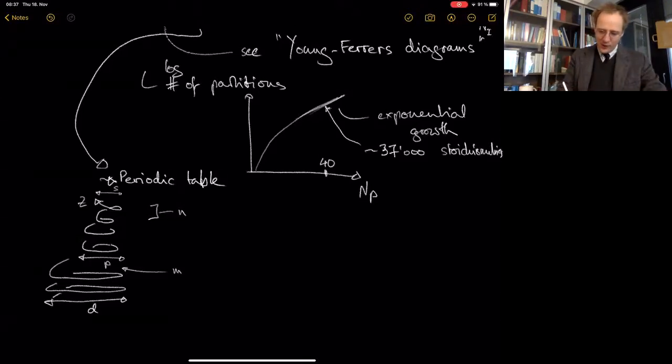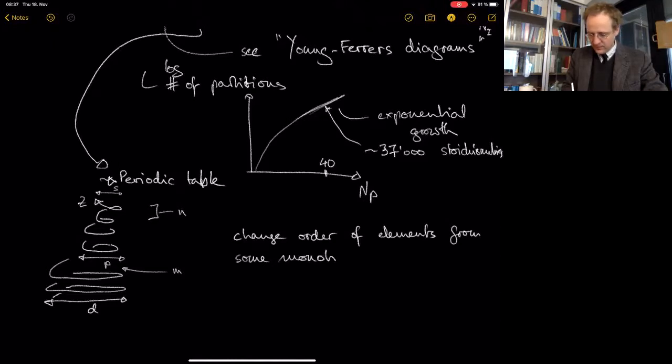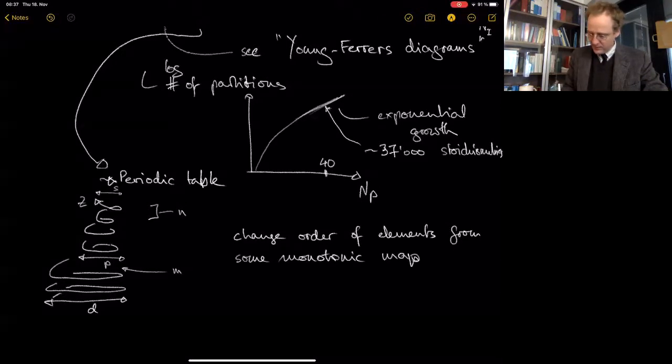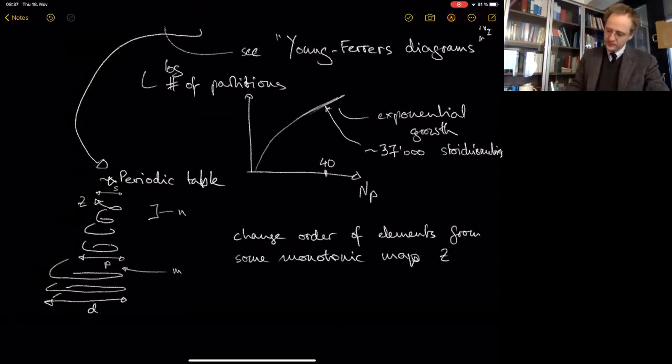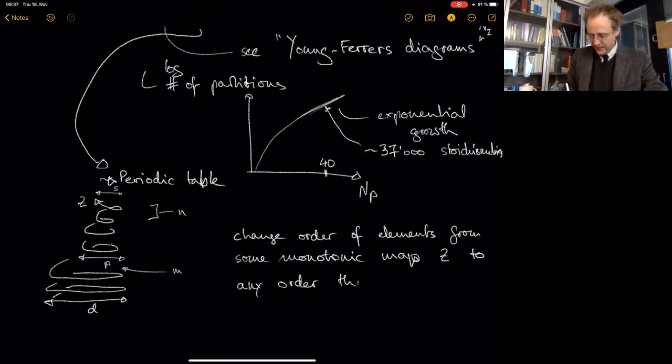And so Pettifor: you can change the order of elements from some monotonic map to the nuclear charge, really to any other order that better fits your need.